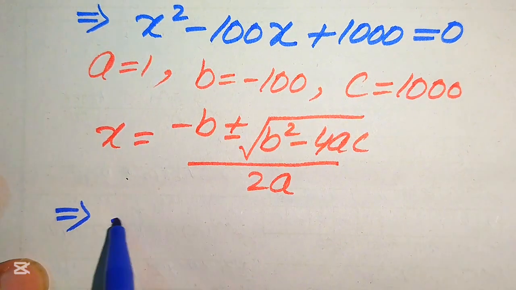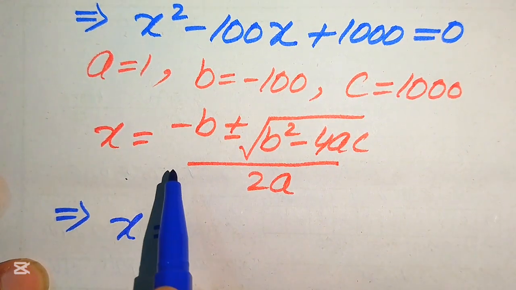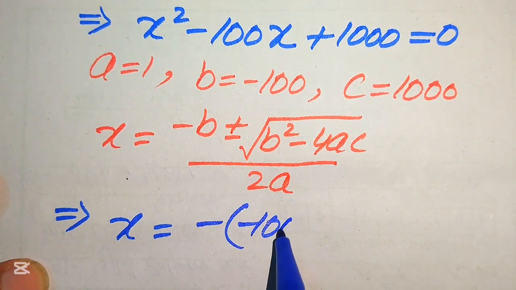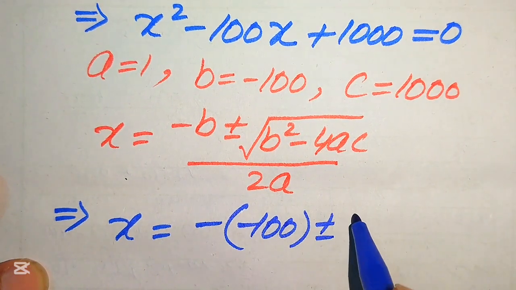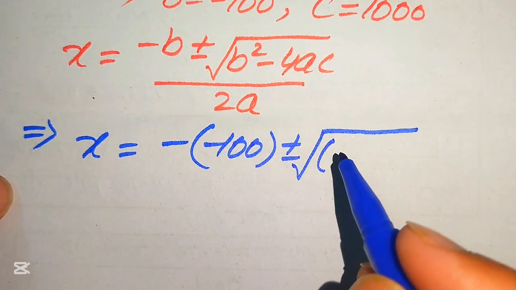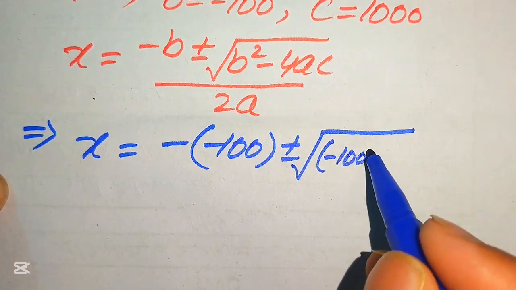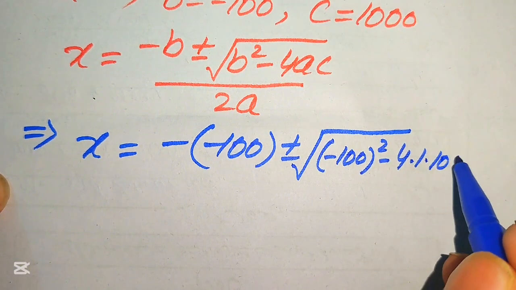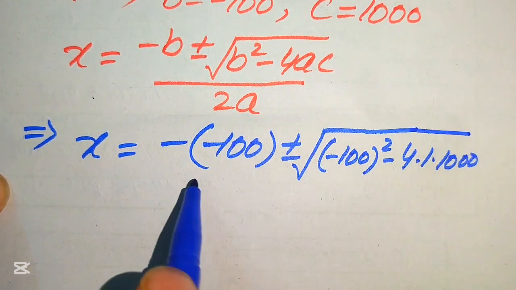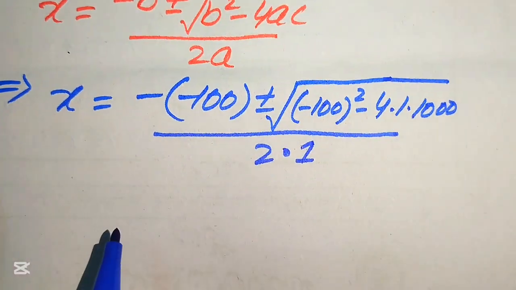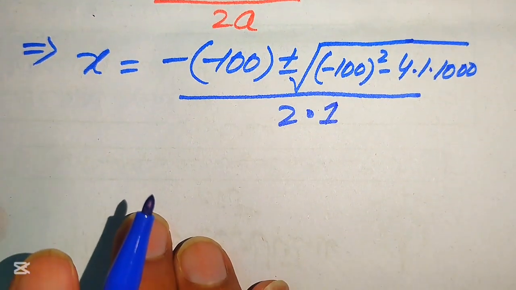After substituting, it will be written as x equals minus b, the value of b is minus 100, plus minus square root of b square. So here our b is minus 100 square, minus 4 times a is 1 and c is 1000, divided by 2 times a. Here our a is equal to 1.